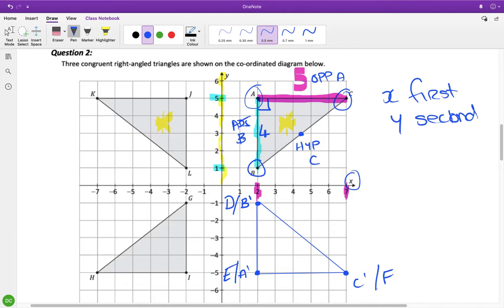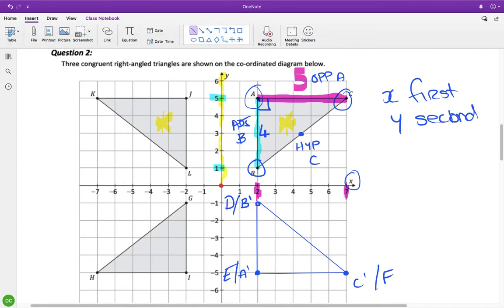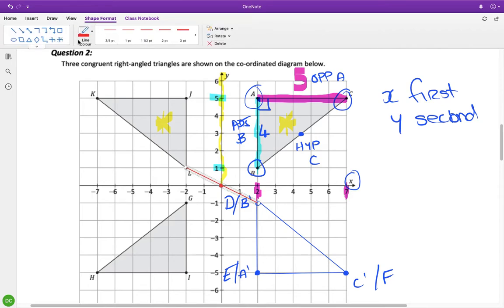Okay, so essentially with central symmetry, what you have is that this is the point they're talking about, 0, 0. So what you want to do is try and get another line. You want to take a line, go through the center, and go out the far side. And just change the color there. Take another one, go through the center and go out the far side. And then one more, go green.